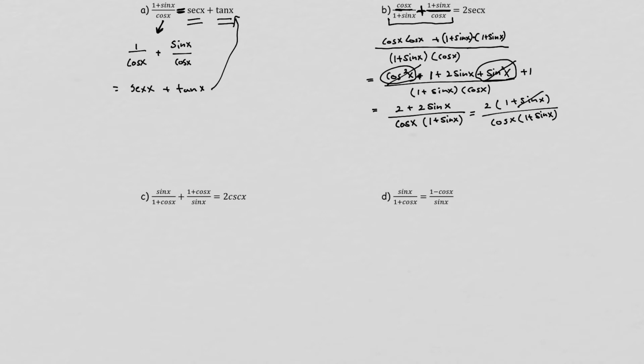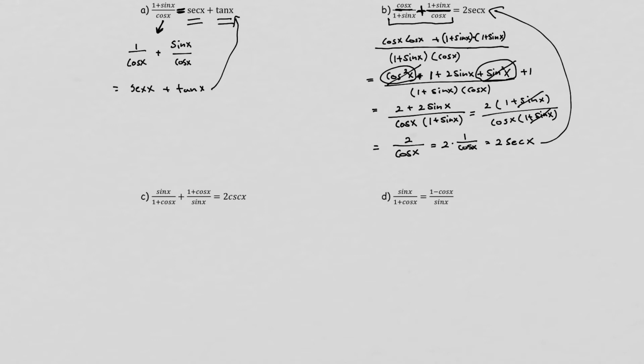And part of the common denominator is also on the numerator, so you cancel out each other and you get 2 over cosine x, which is 2 times 1 over cosine x, and that gives you 2 times secant x, which is the other side of the equation. And this proves that the left side is equal to the right side.